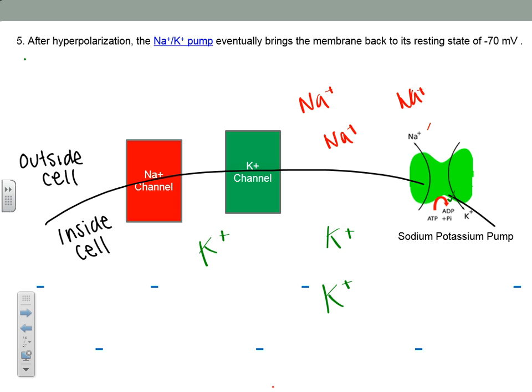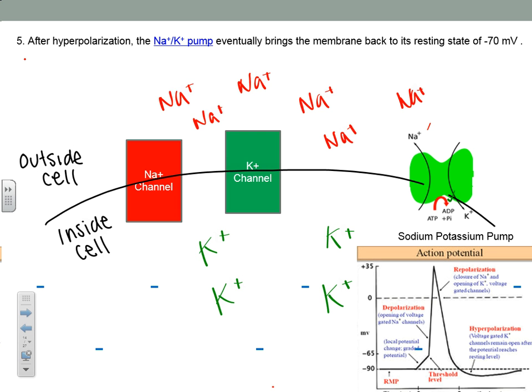So that pumps 2 potassium back in and 3 sodium back out. All right. So then we would be back at resting membrane potential.